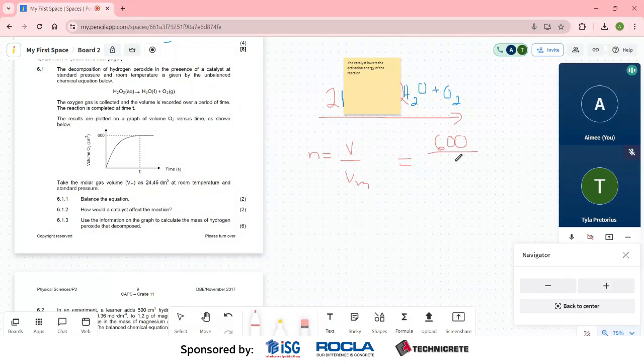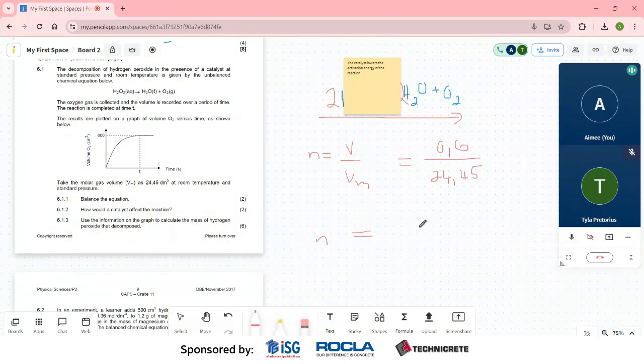So it's 600 divided by 1,000. I'm just going to substitute it in as a number, but you plug that in on your calculator. 600 divided by 1,000 gives you 0.6, because we need them in the same units, guys. We can't compare centimeters cubed and decimeters cubed, okay? And then we divide by 24.45 because that's already in decimeters cubed.